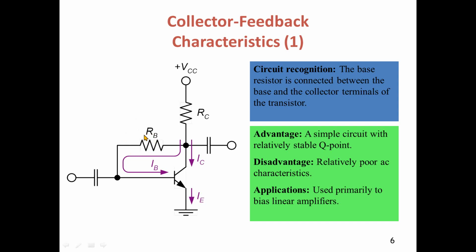The major disadvantage of this is its relatively poor AC characteristics, and one of its important applications is that it can be used in biasing linear amplifiers. It is primarily used for bias of linear amplifier circuits.